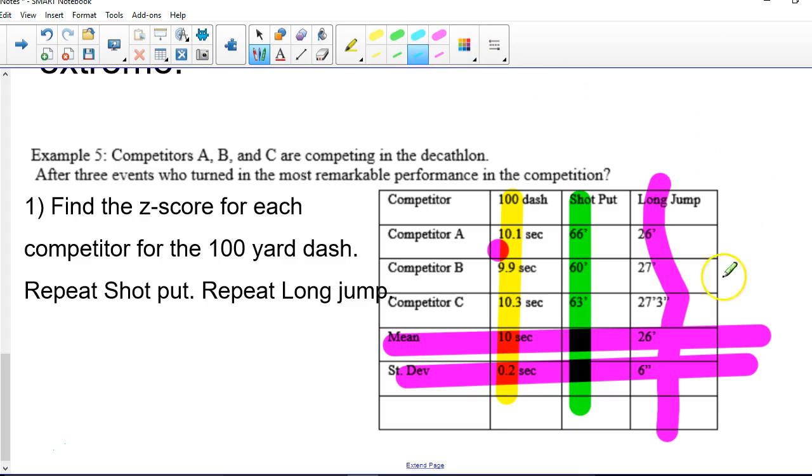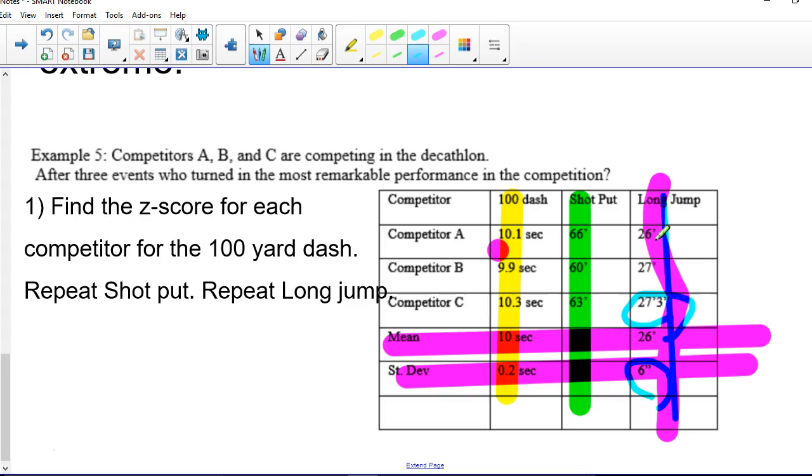But there's something really important you need to notice about the long jump. You'll notice that I have different units here. Here's 6 inches, here's 27 feet, and 3 inches. If it was me, I would change these all to inches. So right now this is 26 feet.